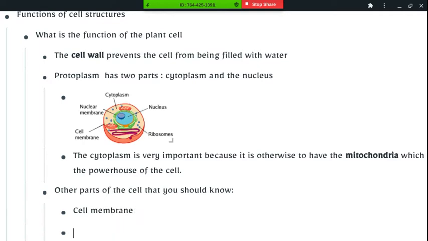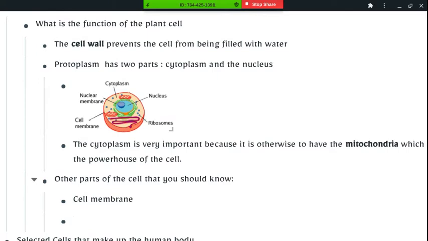The cytoplasm, we talked about that. The nucleus, we talked about that. The mitochondrion, we talked about that. Here's the rest of the parts of the cell that you need to know. The endoplasmic reticulum. Let's define it quickly.